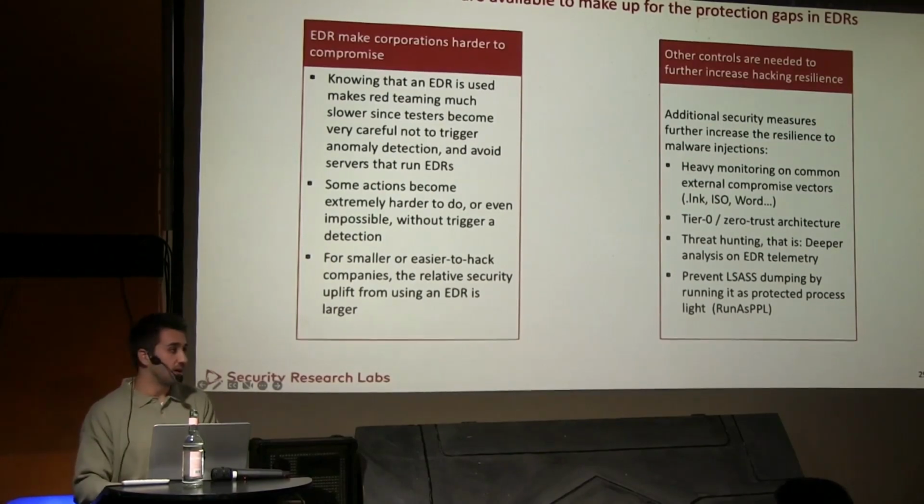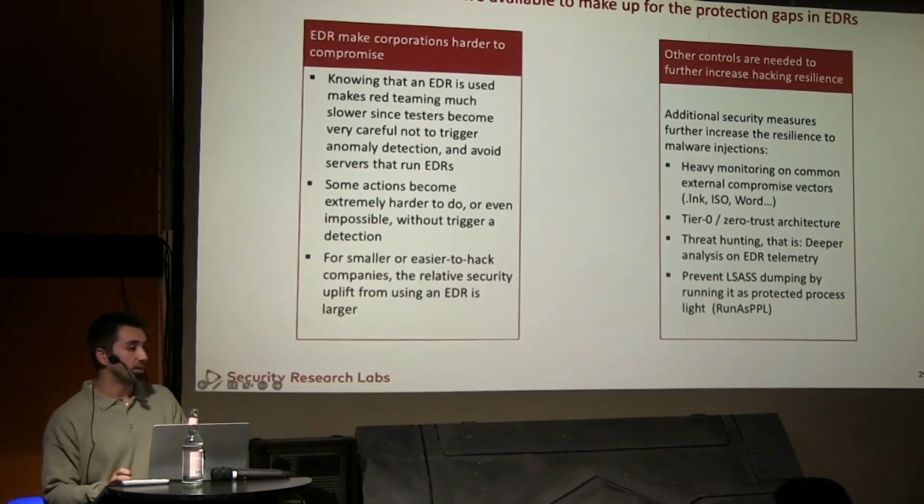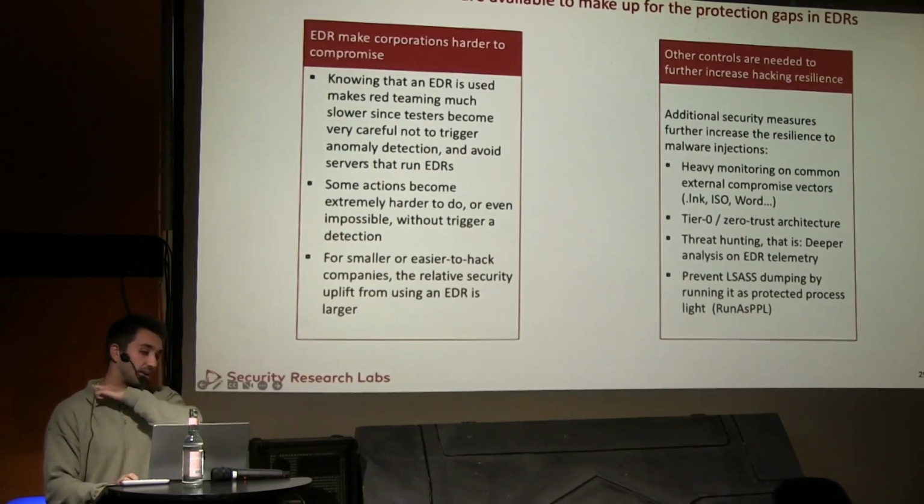But if you have a set of analysts that is performing and creating custom rules, they probably would see what I was doing, because there's a lot of telemetry that the EDR is capturing and that is worth it for any company to analyze. So if you have an EDR, the best thing you can do is perform threat hunting and analyze the data the EDR is giving to you.